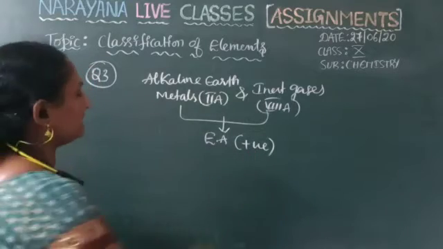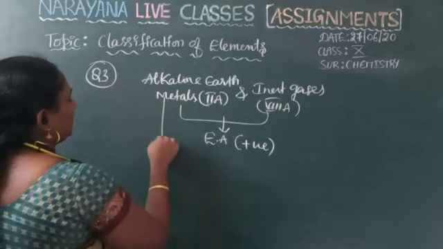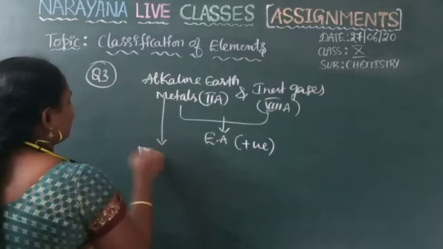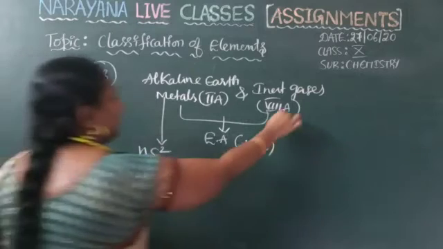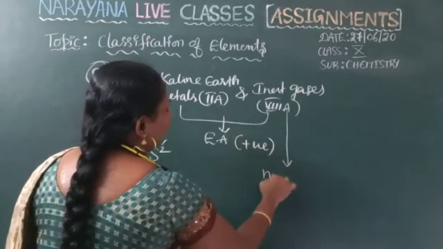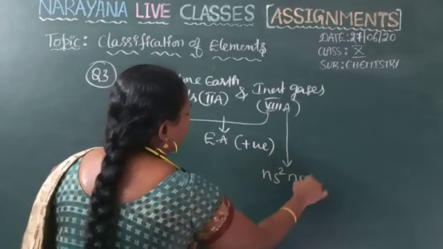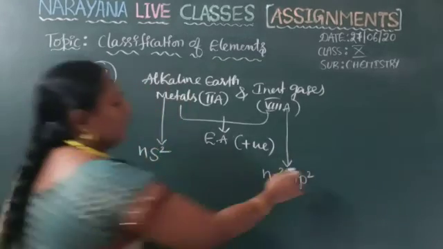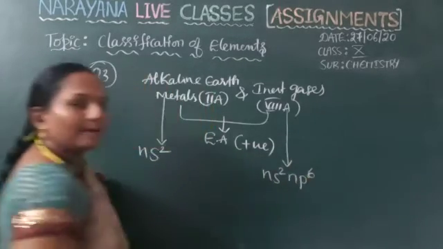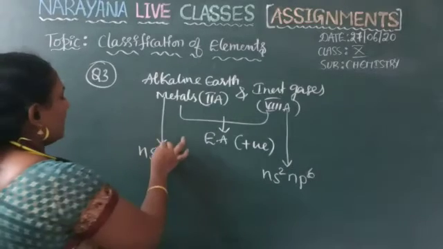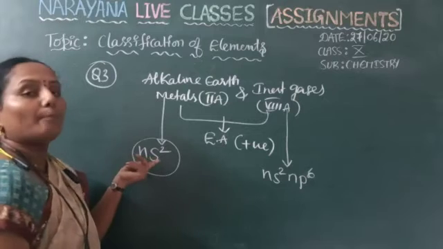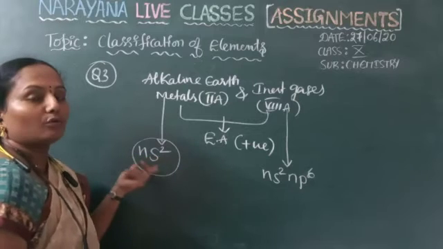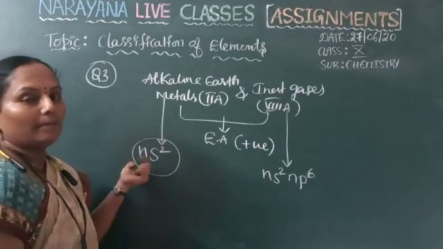Why? What is the reason for that? If you observe, the general valence shell electronic configuration of alkaline earth metals is ns2, whereas for inert gases it is ns2 np6, except helium. Because of their fully filled valence shell, there is no space to accommodate a newly coming electron.